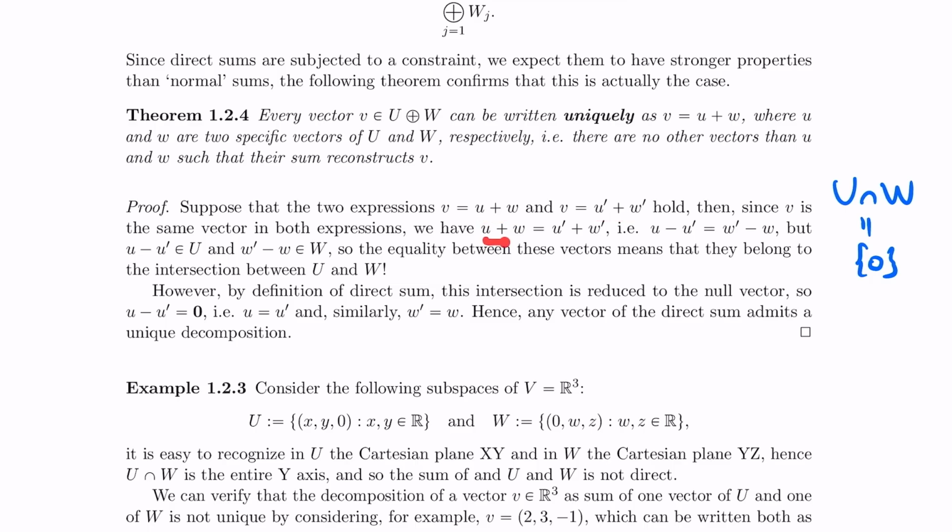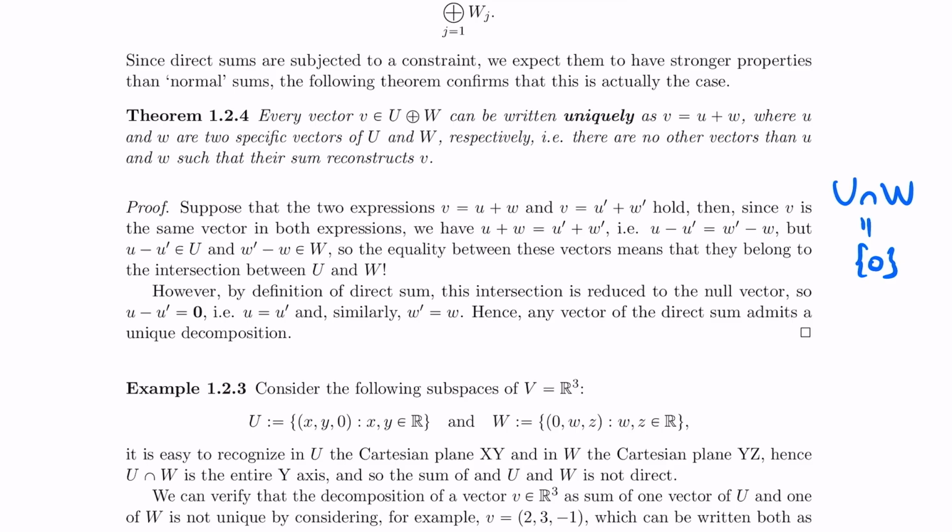So we have u + w = u' + w'. If we pass u' on the left-hand side and w on the right-hand side, we have that the difference between u and u' equals the difference between w' and w.